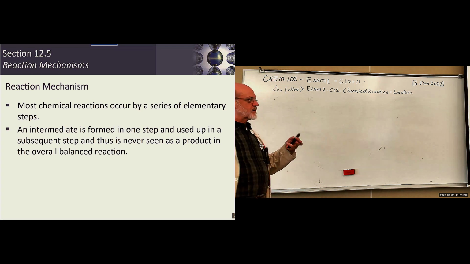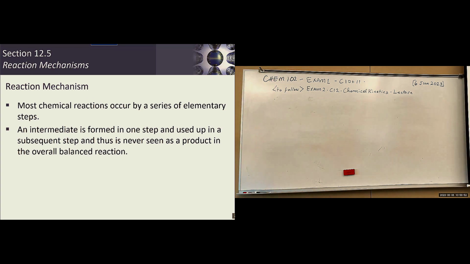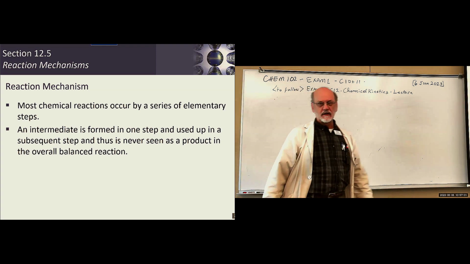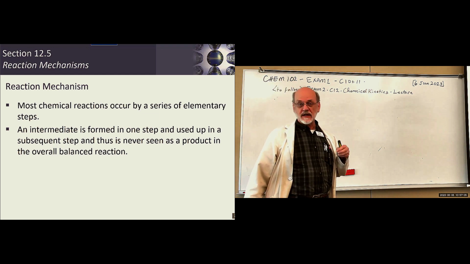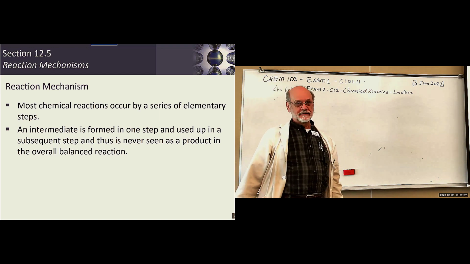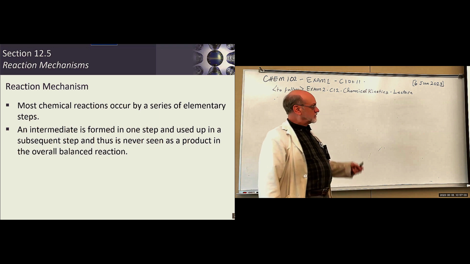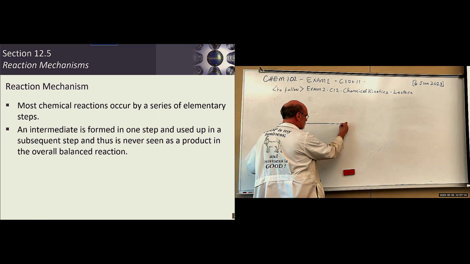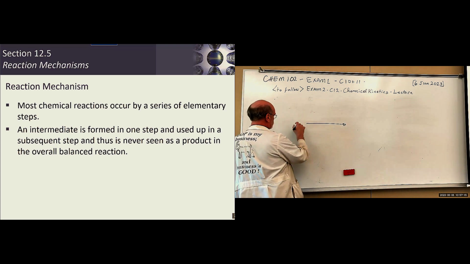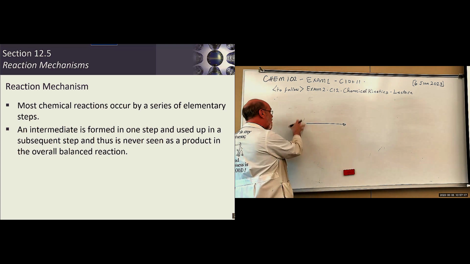Most chemical reactions occur in a series of elementary steps. There are reactions that only have one step, but there are also reactions that have 2 steps and a few that have 3 steps. On this arrow, you can have reactants, and they don't have to all be here.